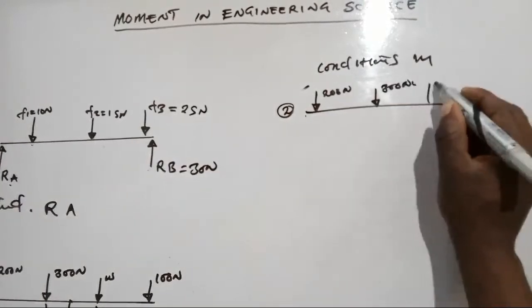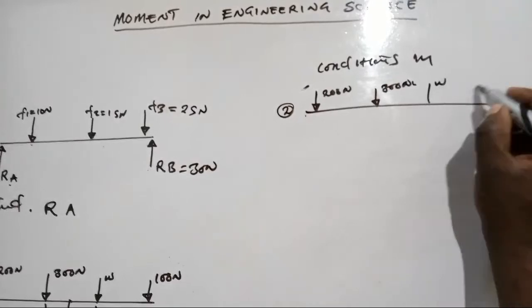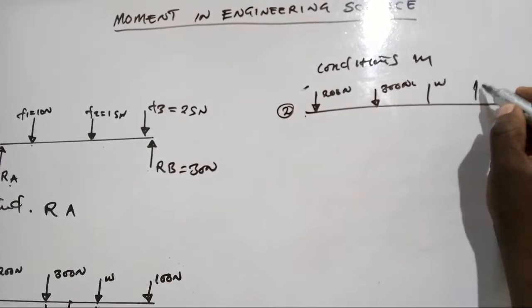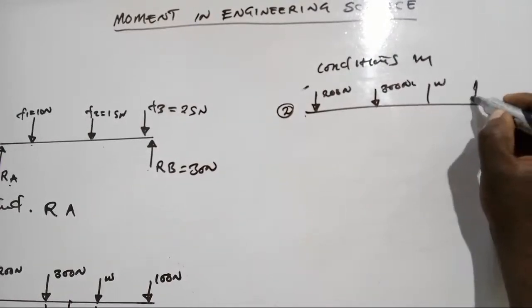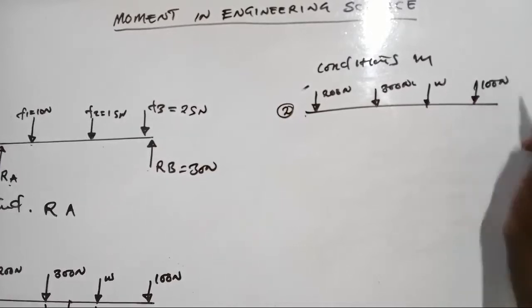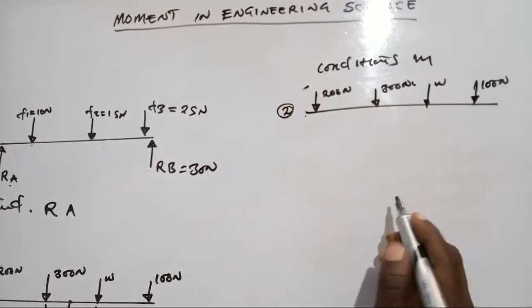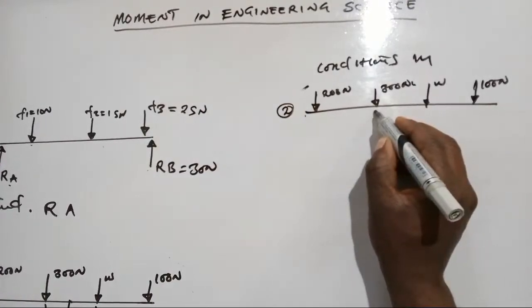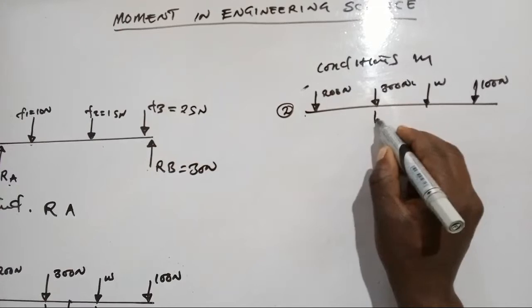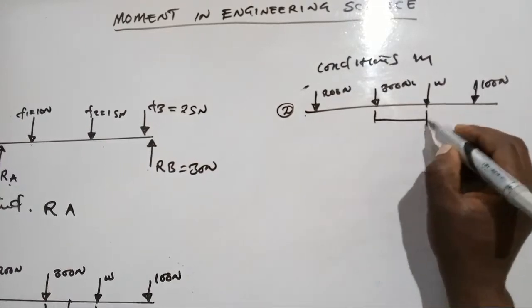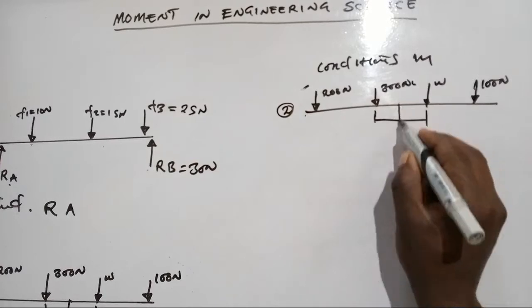Then another force, which is W. And the last one is 100 Newton. Then here the distance from 300 Newton to W, here we have a fulcrum.